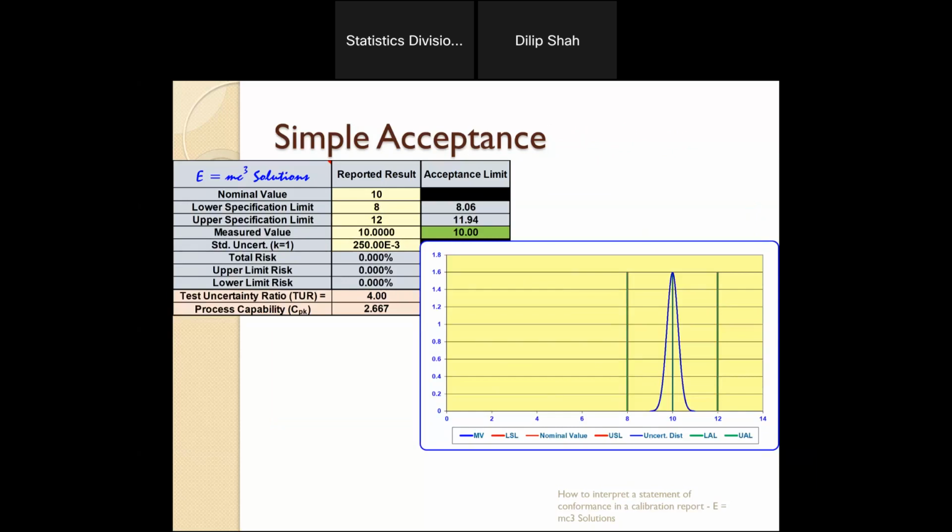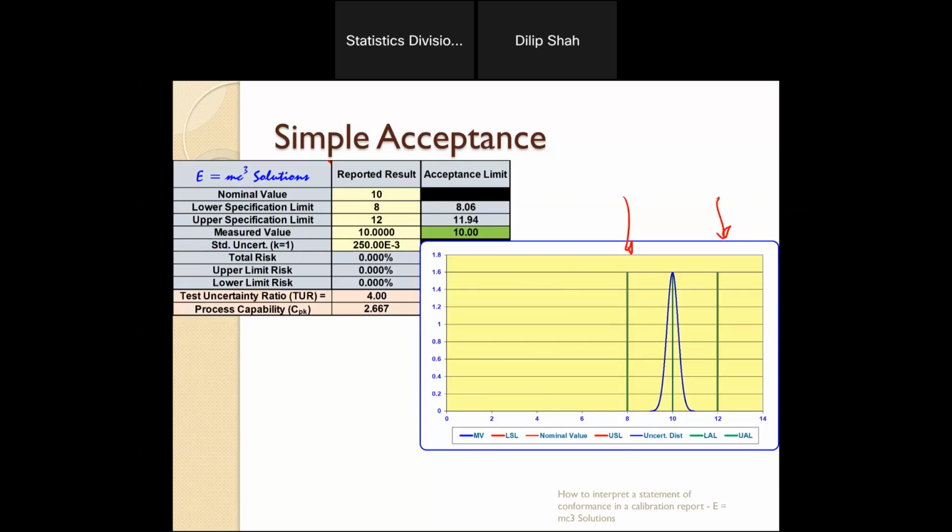All right, so let's look at our picture and simple acceptance. Simple acceptance is what we have used traditionally in making decisions. Basically we're saying, is the measurement within these specifications? So I have a nominal value 10 plus or minus 2 here, 8 and 12.